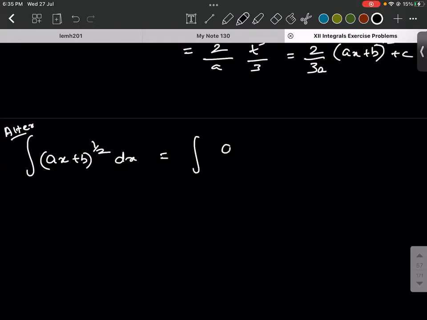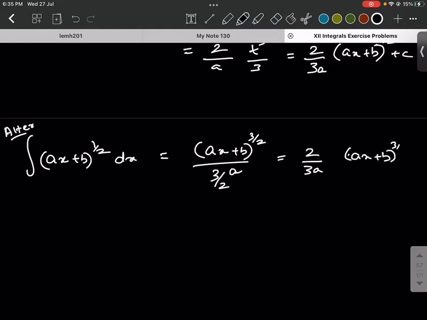The answer will be ax plus b whole power n plus 1, which is 3 by 2, divided by 3 by 2. But what should I substitute in the denominator? Whatever is a multiple of x, I should include here. So this gives 2 by 3a into ax plus b the whole power 3 by 2 plus c. So you can do it directly also.